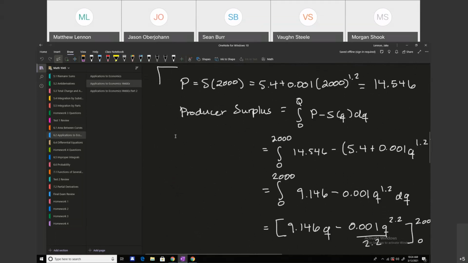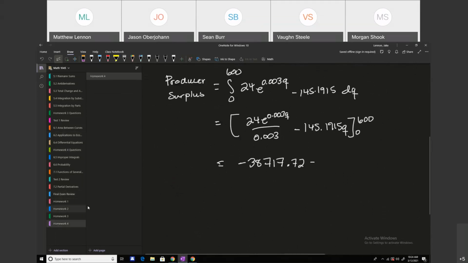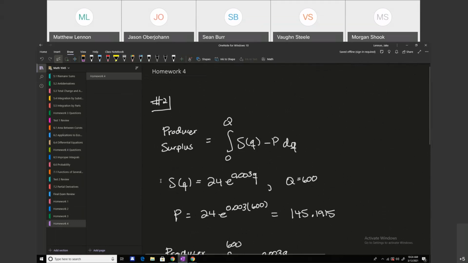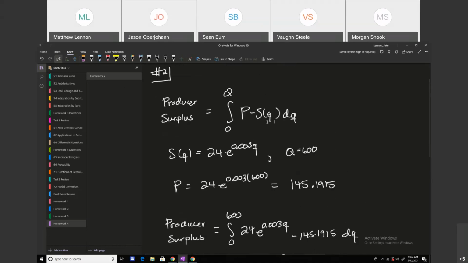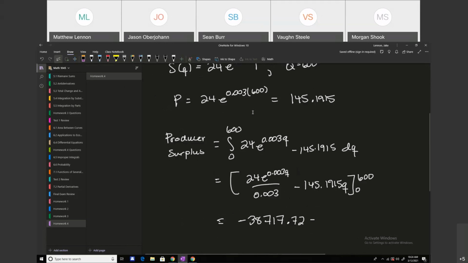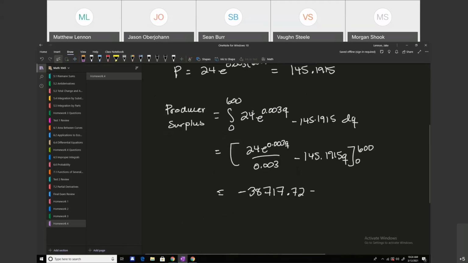P minus S of Q. The supply curve is increasing, so the constant should be on top. Okay, yeah, so all that's going to do is make this positive. So this would be negative and this would be positive.